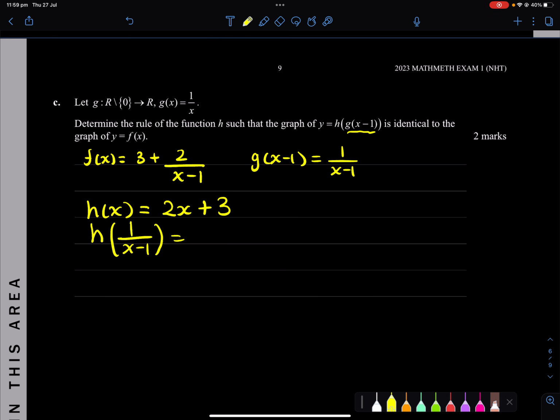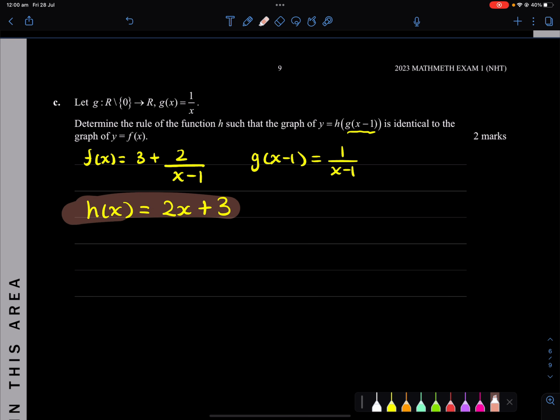It will be 2x plus 3. Yeah, that's your h of x, actually. That's not too hard. It's just trial and error here, but okay, that's your h of x. Determine the rule of a function h of x. So this is your function h of x. Is there anything else we need to do?